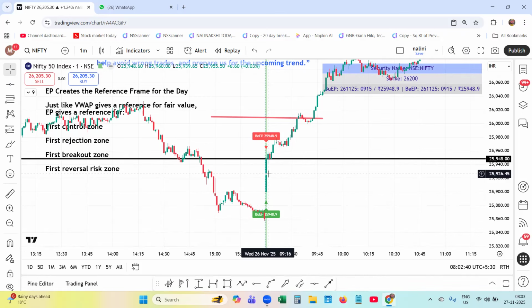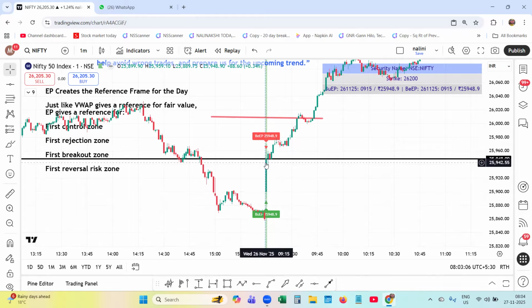Only after the first 15 minutes does direction settle in the market. Once the initial volatility cools down, if the price holds above the CEP, then CE becomes valid. That is the idea. CE becomes valid and it is a reference level.